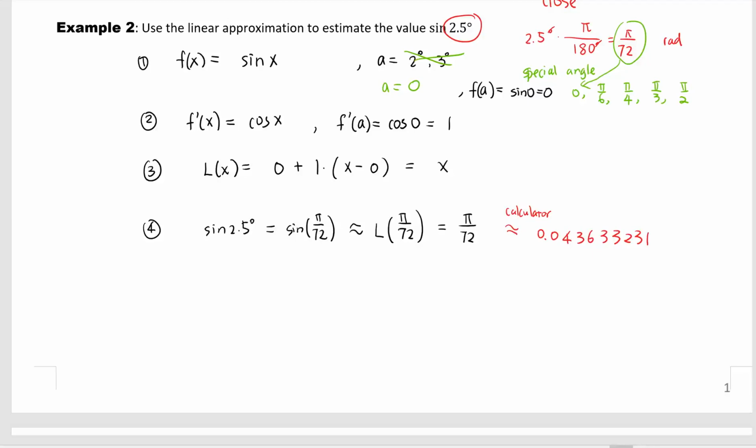Okay, and we also want to check sine of 2.5 degree. So by the calculator, that is sine of 2.5. When you plug it in, make sure you're in the degree mode. Okay, and I get 0.0436193887. Are they close? Yes. If they're close, that means we're doing it right. Okay, so that is using the linear approximation to estimate the value.